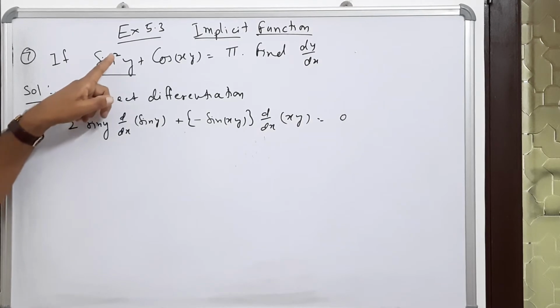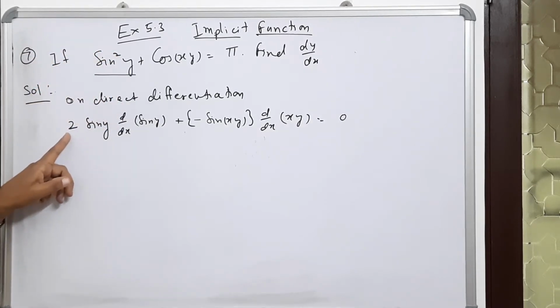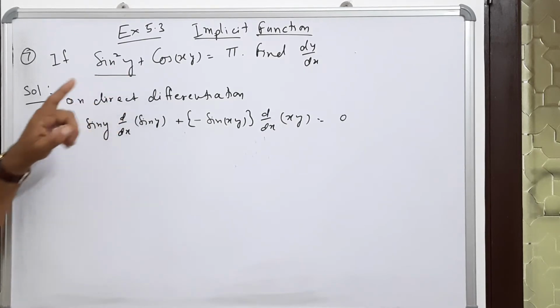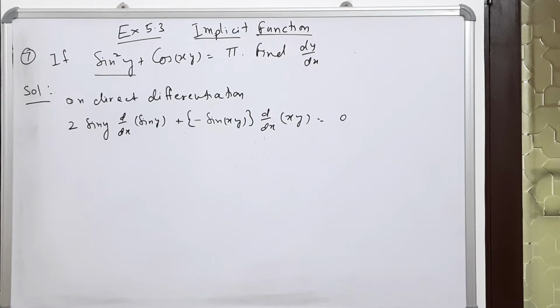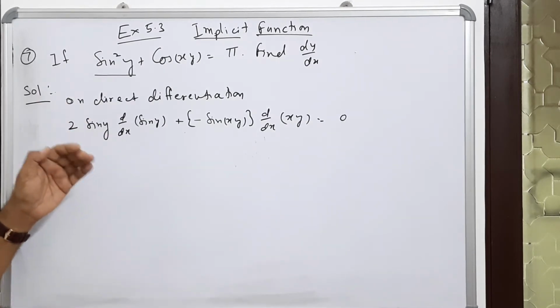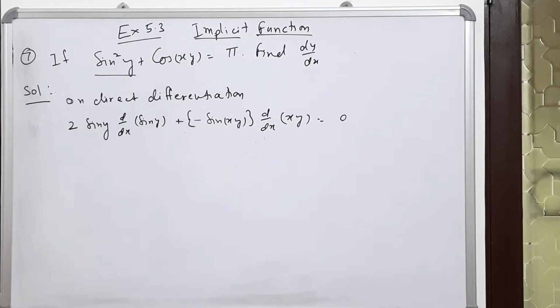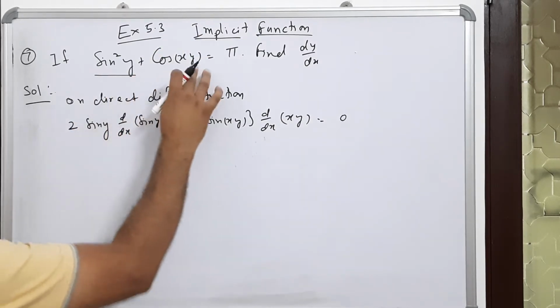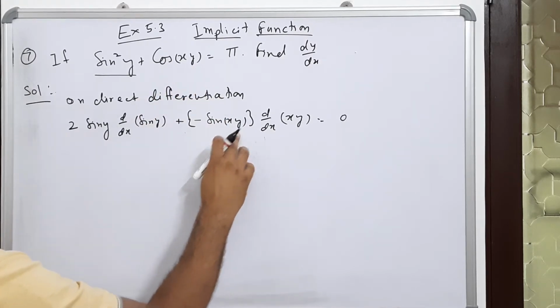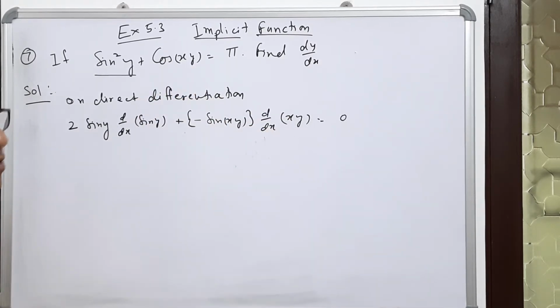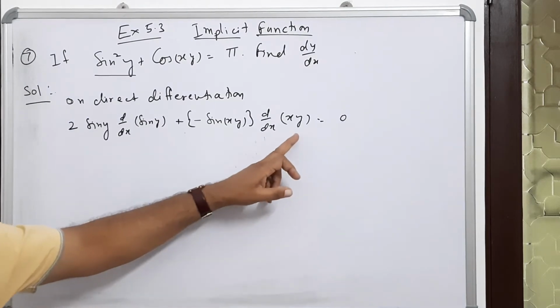Here it is again sine square y. The power is 2, so 2 will be there in the front and the power on sine y will be 2 minus 1, that is 1. And then d by dx of sine y, that is the derivative of the function under the implicit function. Cos xy is minus sine xy and then again d by dx of xy. That is the chain rule here.